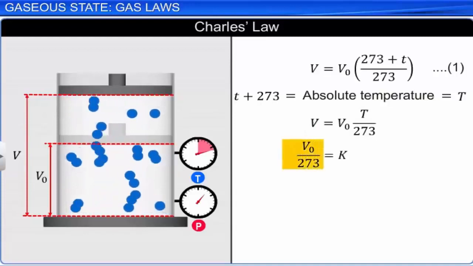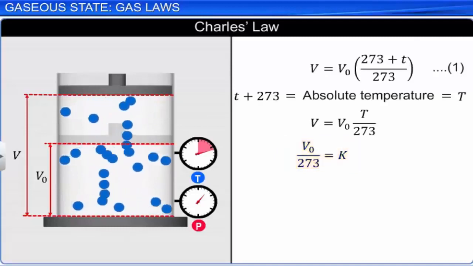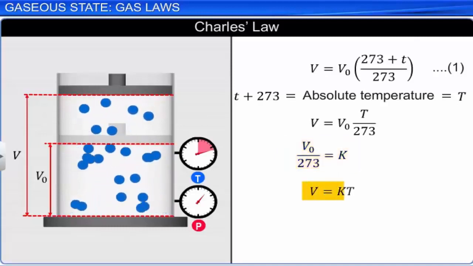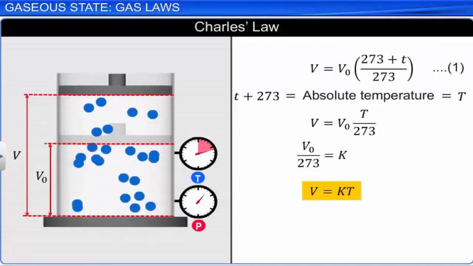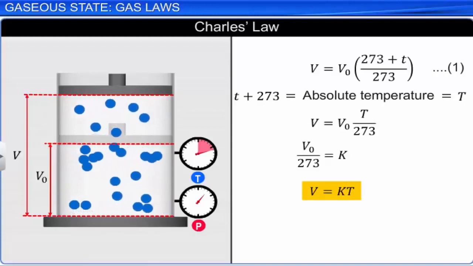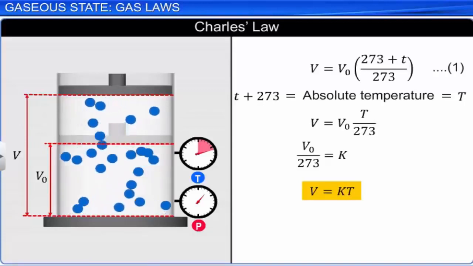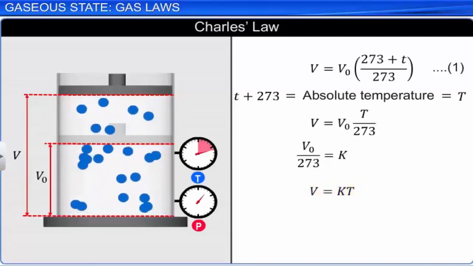Therefore, V is equal to kT, where K is a constant. Remember, temperature T is in Kelvin scale. This is the mathematical expression for Charles' law, which states that the volume of a fixed mass of a gas is directly proportional to its absolute temperature if the pressure is kept constant.